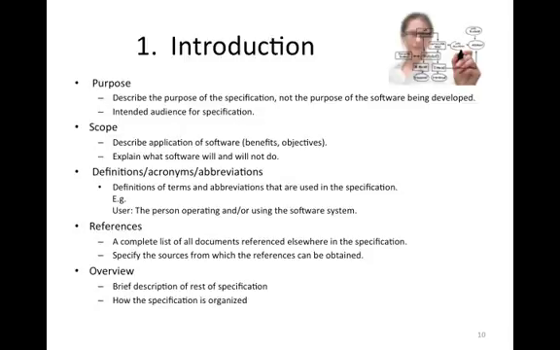In the next section, in scope, now you're going to start describing what the software will and won't do, the application software, the benefits, the objectives. And you've worked on some of this in your initial project plan. You may need to make changes to that depending on where you've taken it during your process, but you have the start of a scope based on your initial project proposal.